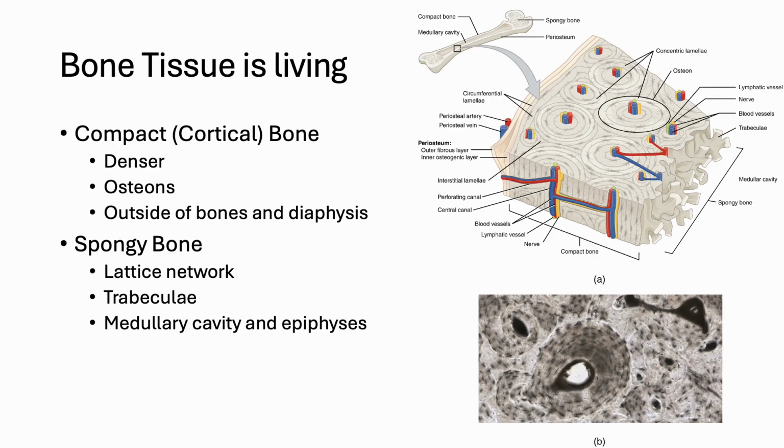We find the compact bone on the outer part of the bone and in the shaft, or the diaphysis. The spongy bone is this lattice network, and it forms what's called trabeculae. The spongy bone is found more internally, near the medullary cavity, but also in the ends, the epiphyses.